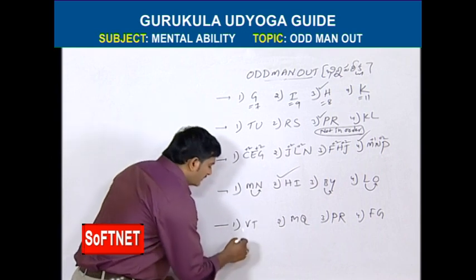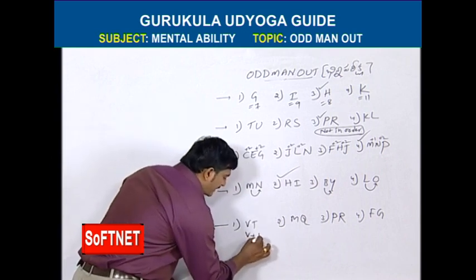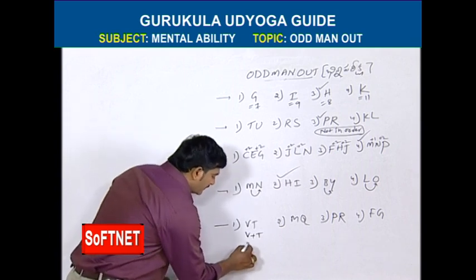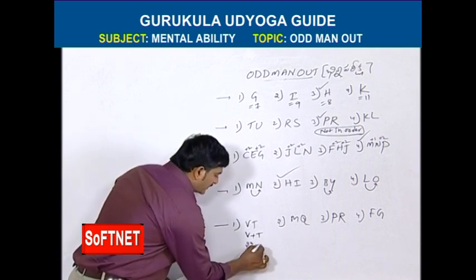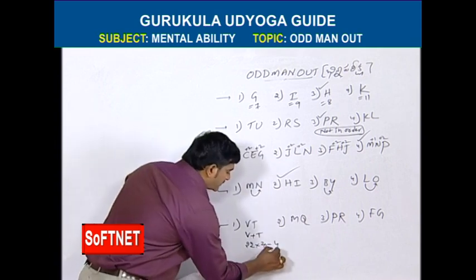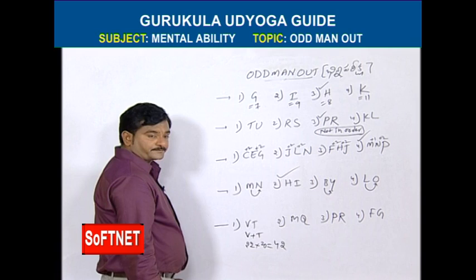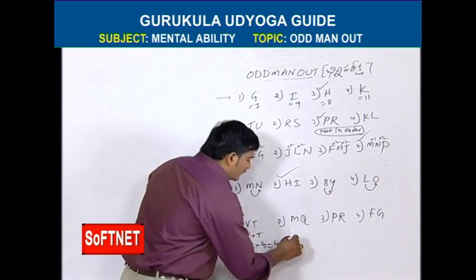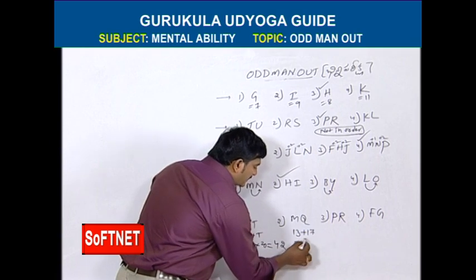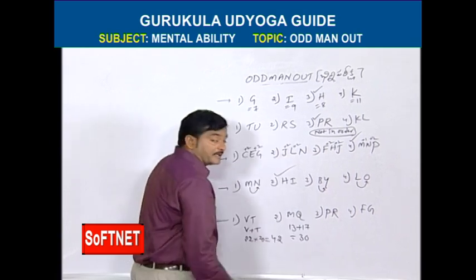See, observe here. I am finding the V plus T value. V means 22. T means 20. 22 plus 20, I am getting 42. Similarly MQ: M means 13, Q means 17. 13 plus 17, I am getting 30.